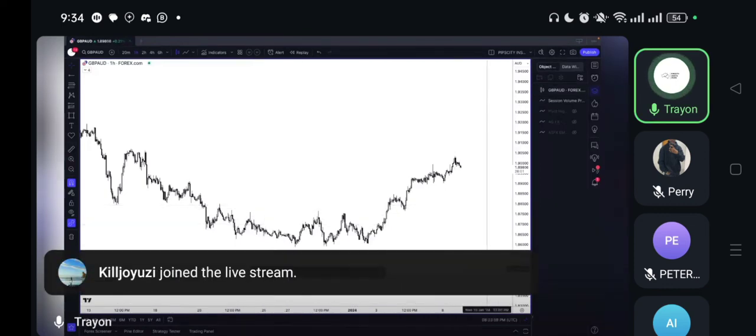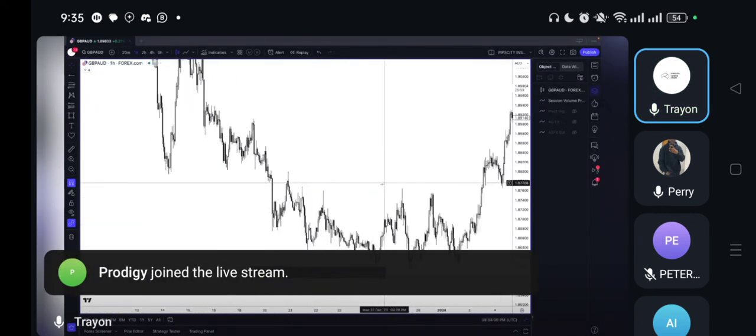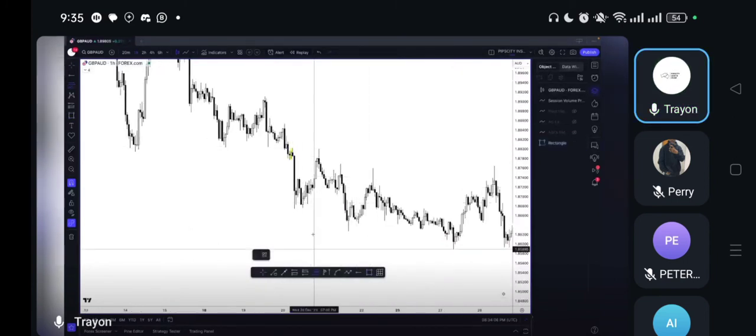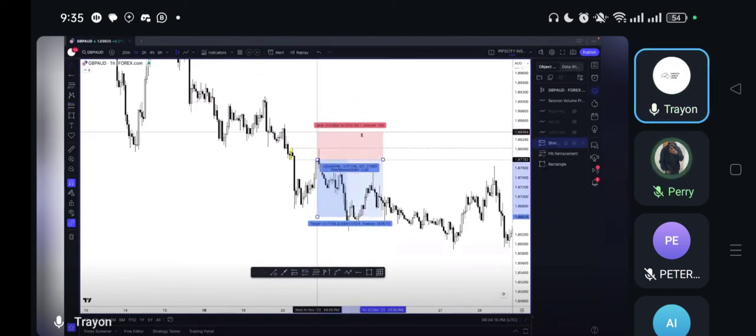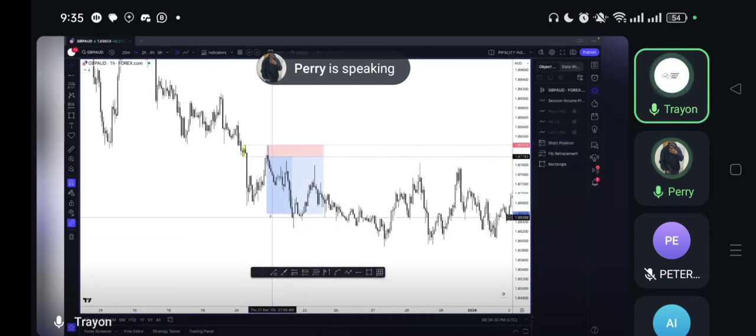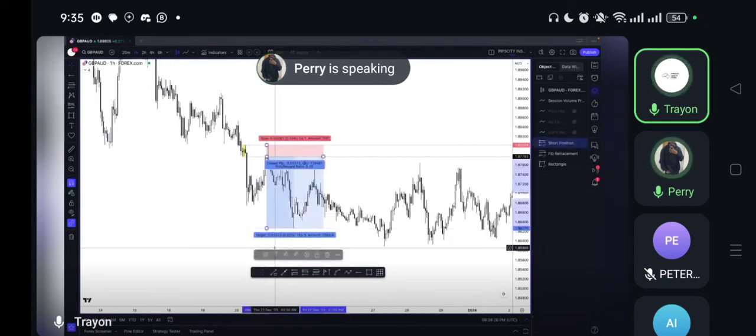Okay, this trade. I don't forget my setups. This was the trade. In this trade, did you see any inducement? No. Did it play out? Yes, it did. There's no inducement.